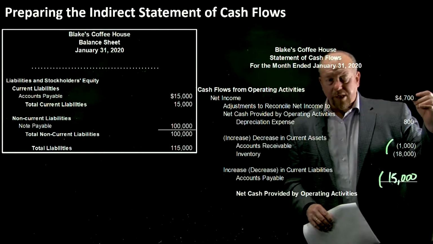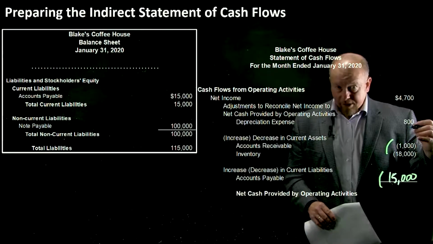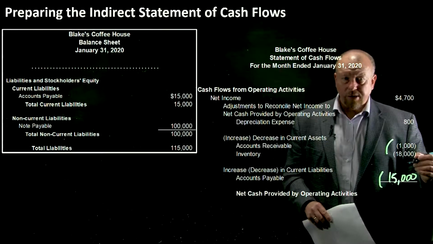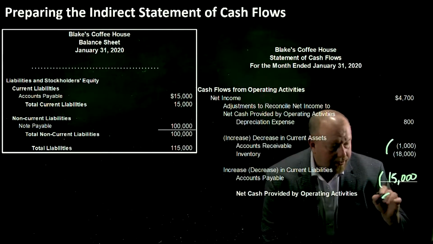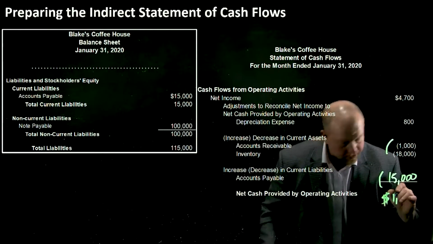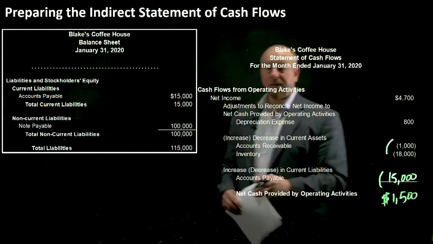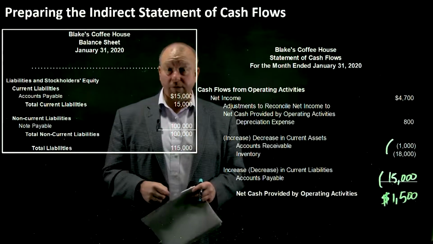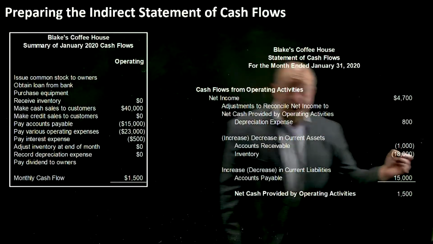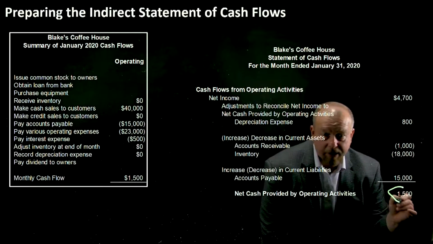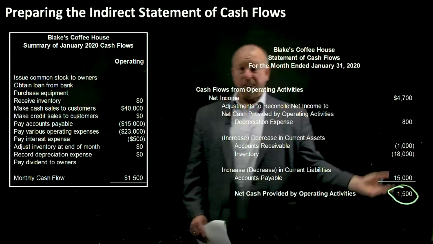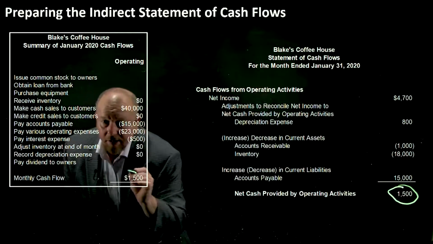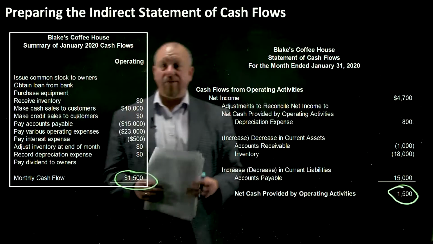We take the $4,700 of net income, add back our depreciation expense of $800, subtract these two increases in current assets, add back this one increase in current liabilities, and we see that the operating cash flow, at least mathematically, is $1,500. As you can see, the cash provided by operating activities that we calculated essentially using a reconciliation of accrual income to cash flow nicely matches the operating cash flow that we summarized at the very beginning of our discussion.